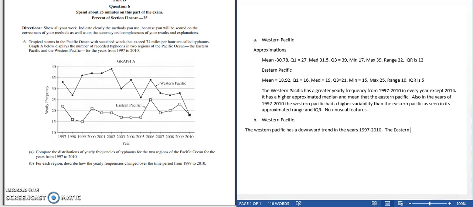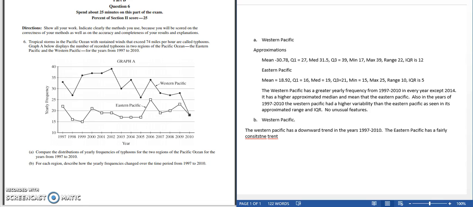Eastern Pacific has a fairly consistent trend.